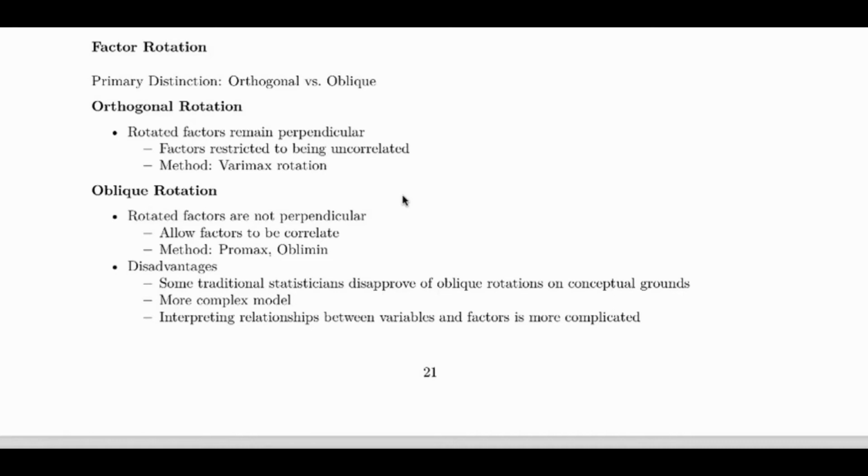The oblique rotation allows the factors to not be perpendicular, and because it's doing that, it's allowing them to correlate. And for that, there's Promax, which is the one that I use, and there's also Oblimin, which I think both Jamovi and R have as an option. So back in the day, when statisticians first introduced EFA, it was an issue to have the factors correlate just because it's difficult to model.